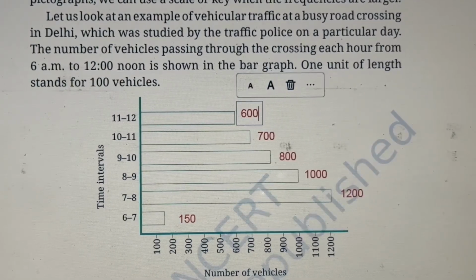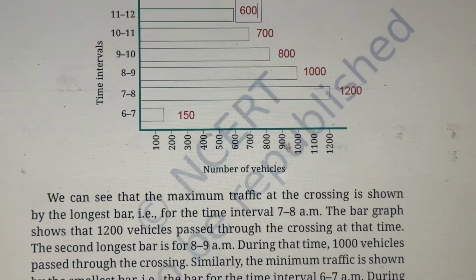Now if we add, because they have asked from 6 a.m. to 12, so we need to add all of them, right? So let us start adding. 1200 plus 800 will be 2000. 2000 plus this 1000 is 3000. Okay. First add the numbers which are easy to add. So till here it is 3000. 3000 plus 700 plus 600 will be 4300, and plus 150, so 4450 is the total.